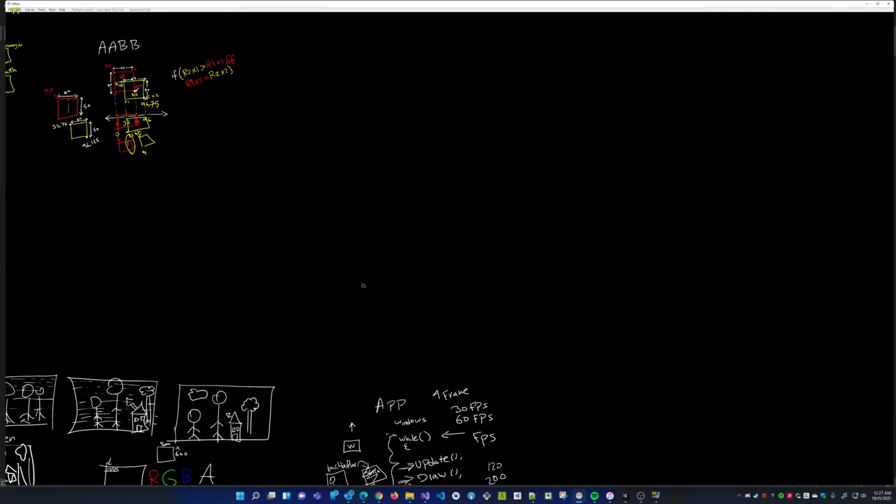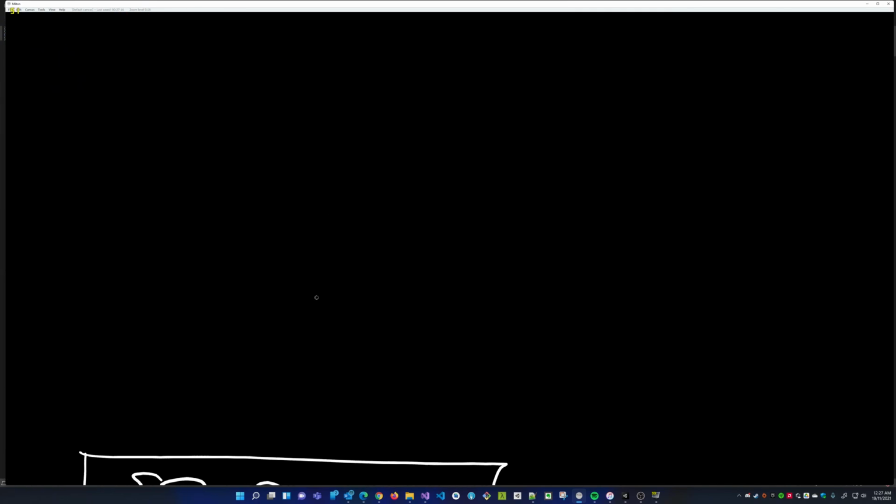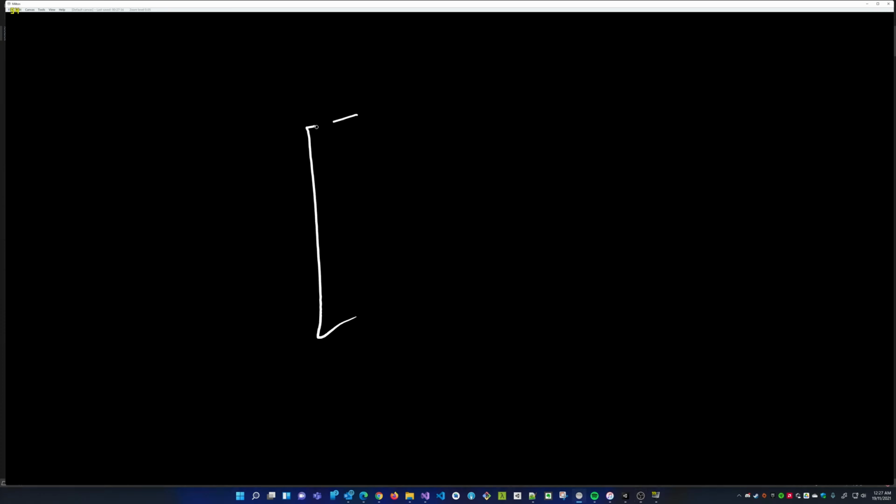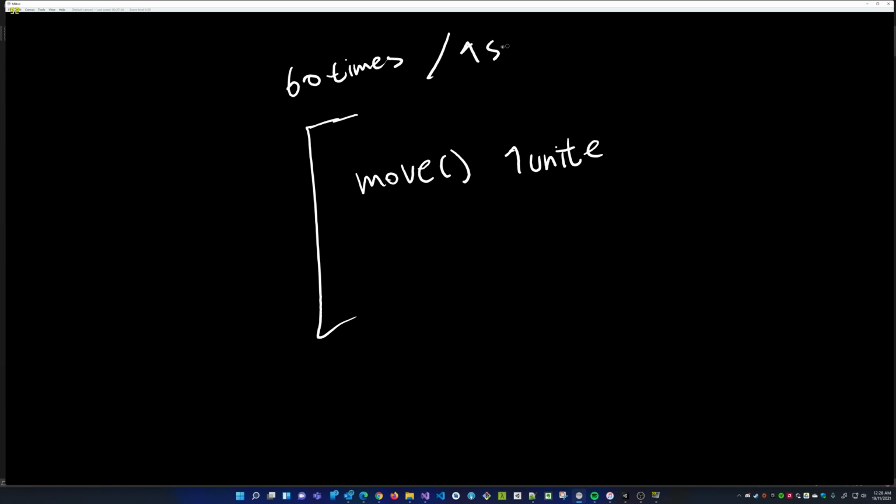I already explained here, let me find the space, I already explained here that if this is my loop, and I say move 1 unit, so I'm moving a single unit. Let's say this runs 60 times in 1 second.